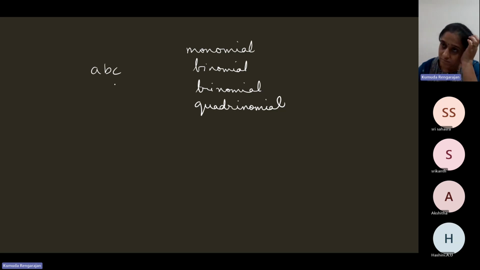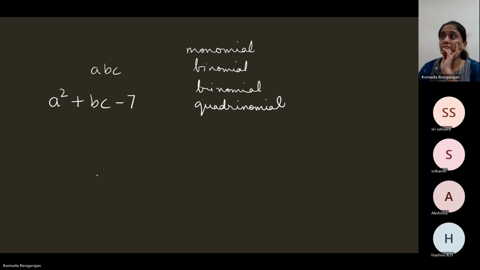ABC is a monomial. What about A squared plus BC minus 7? A squared plus BC minus 7 is a trinomial.